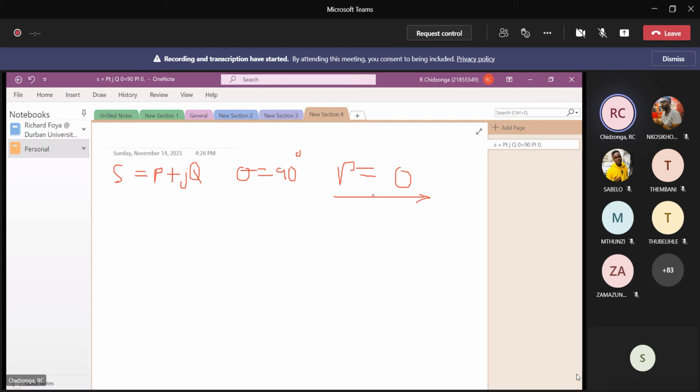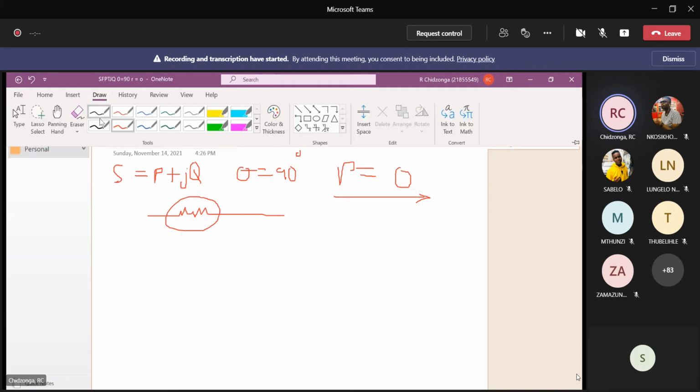Now there will be current flowing in the line. And the line itself, if it has got resistance, no matter how small, a certain amount of power is just going to be lost. So that's not a good thing.